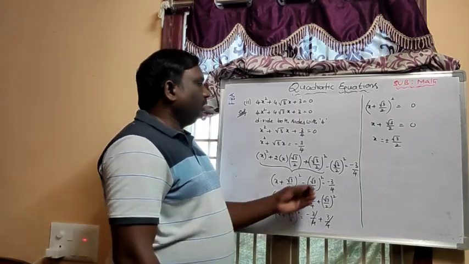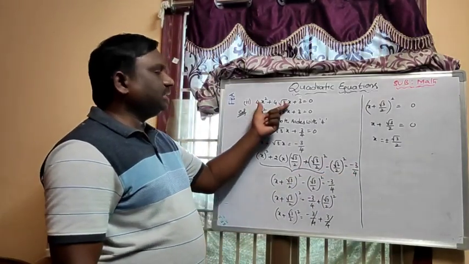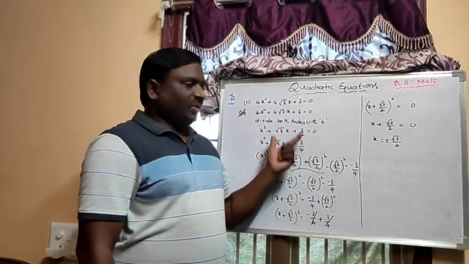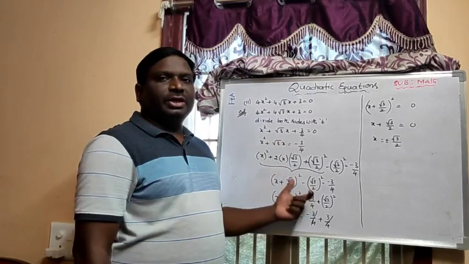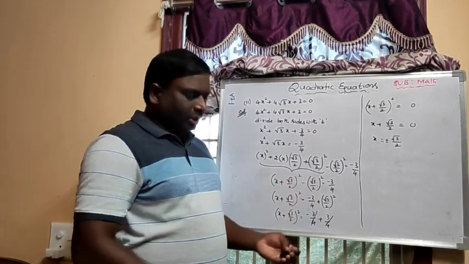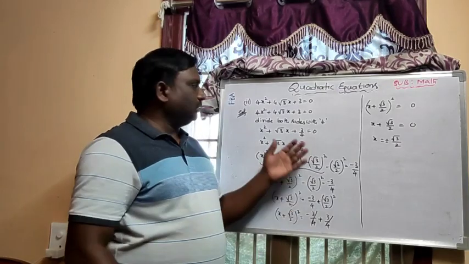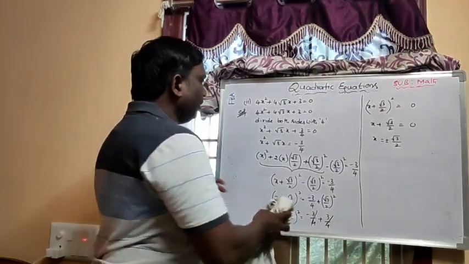So the roots are x equal to plus or minus root 3 by 2. By using this quadratic equation method, we can find the roots for any quadratic equation. We can find the solutions. Okay, so I hope you understand this completing square method for the given quadratic equations.